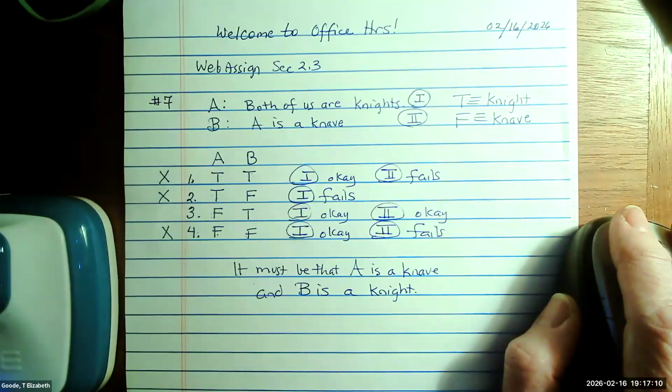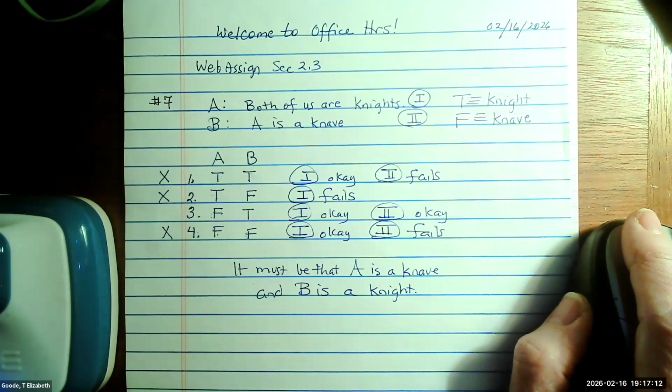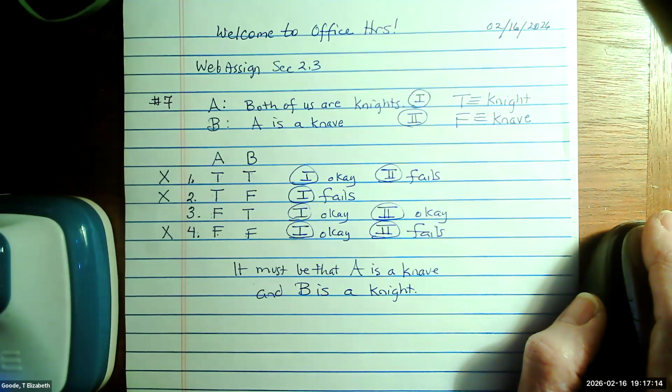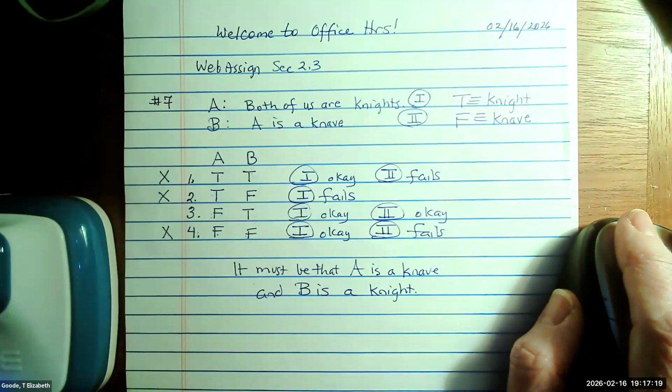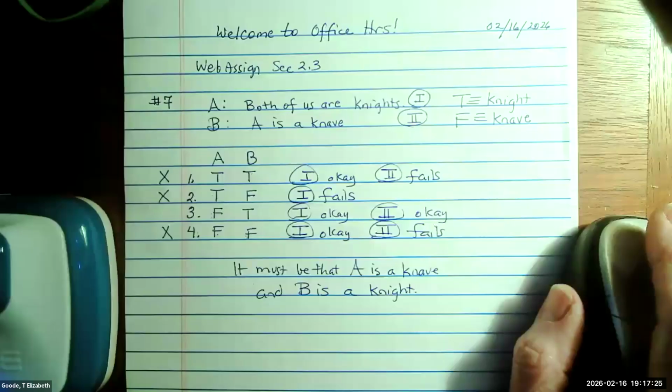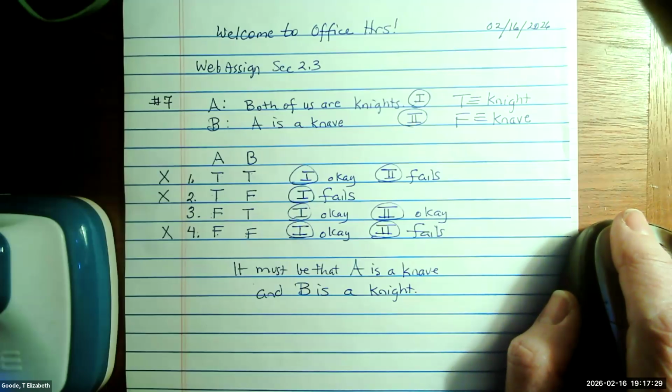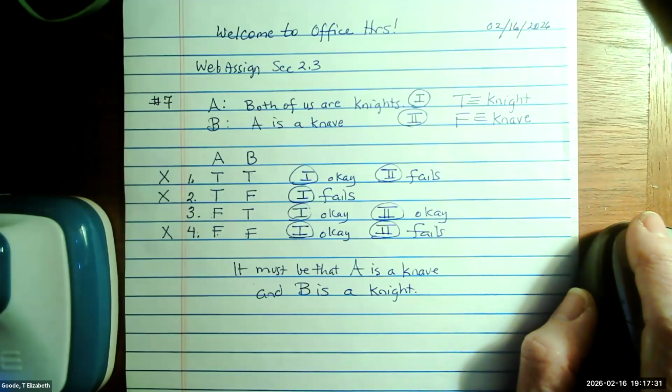That means V, W, X, Y, and Z are knights? Well, let's see. How did you come up with that? Because U is the knave. Well, but just because U is a knave, that doesn't mean all the rest of them are knights. For example, look at what V says and what W says.